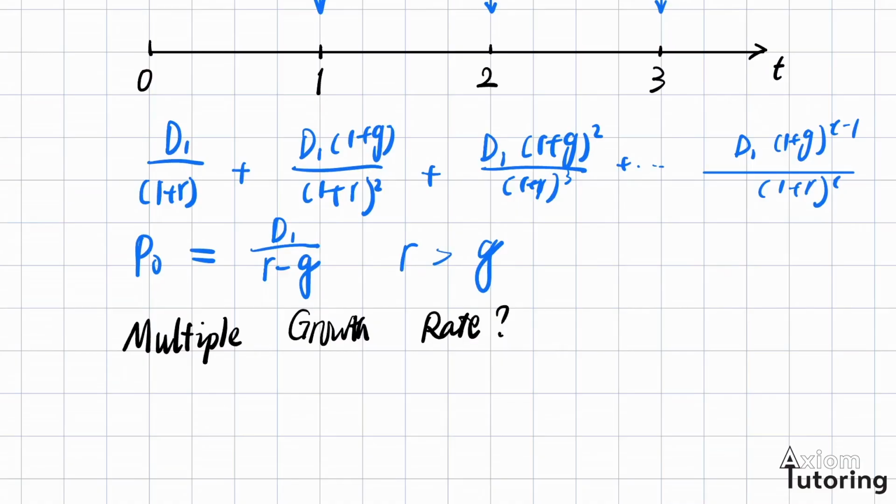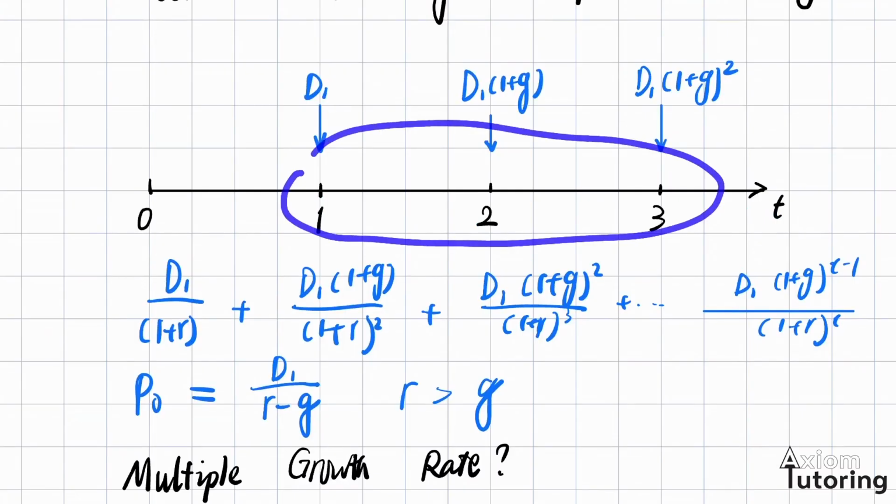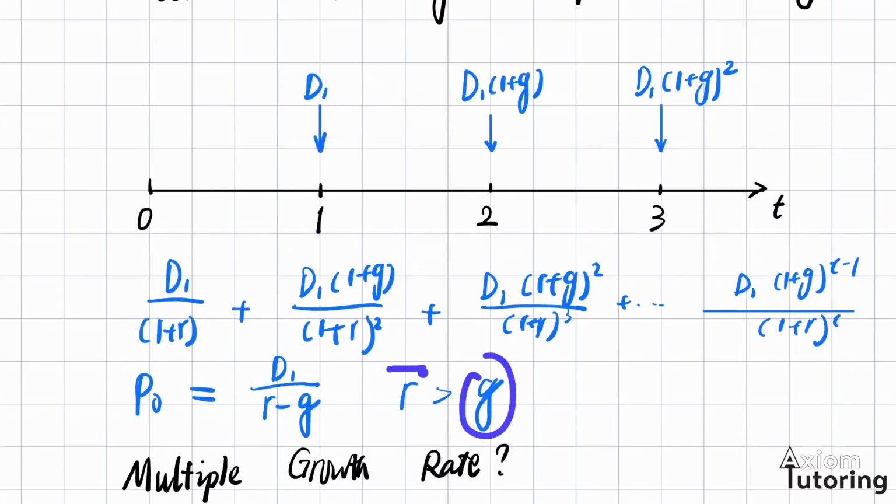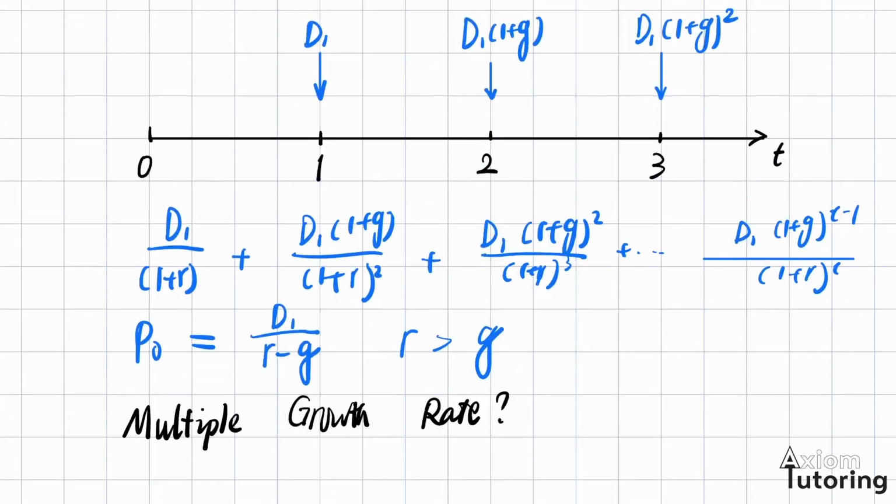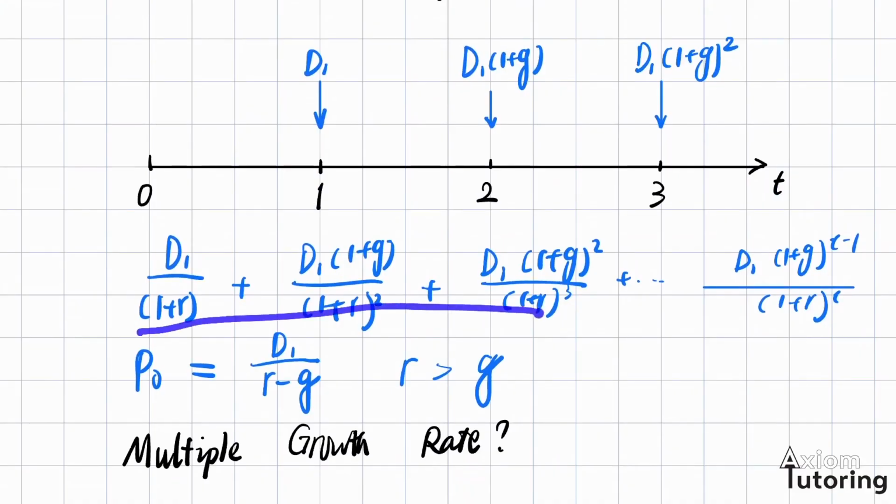If these high growth rates happened during the early stages of the company, for example, for the first 3 years the growth rate is very high and is much greater than the discount rate, we don't have to use the equation, because we cannot use that.